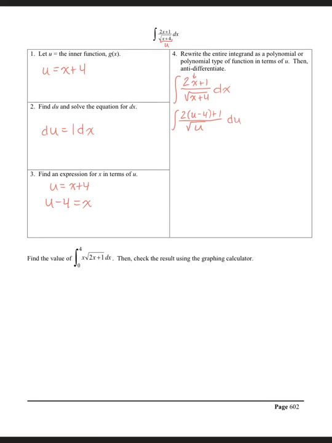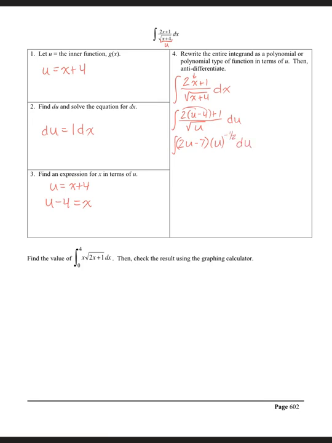So I'm going to do some simplification here. I distribute this and I add the 1. I end up getting 2u minus 7. And then I'm going to bring this square root of u up to say u to the negative 1/2 du.